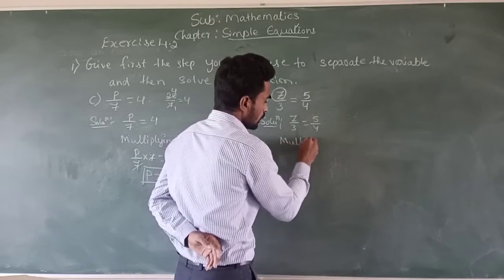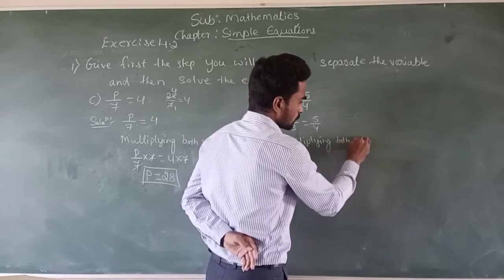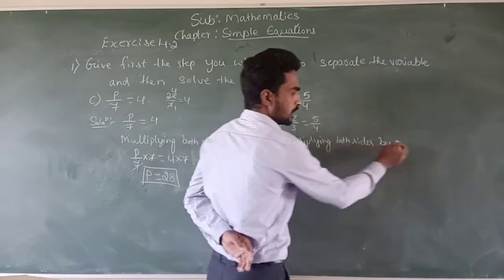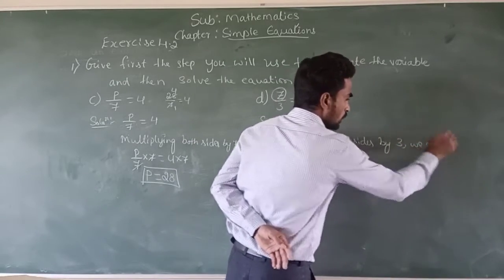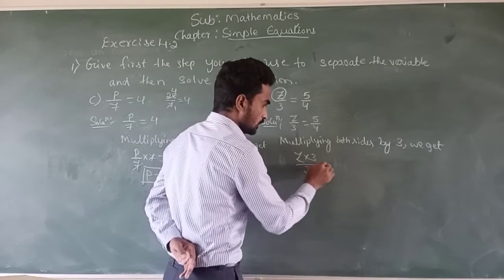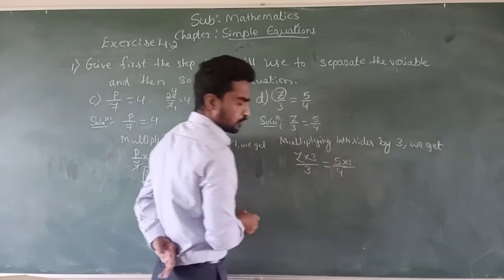Multiplying both sides by 3 we get z into 3 divided by 3, that is equal to 5 into 3 divided by 4.